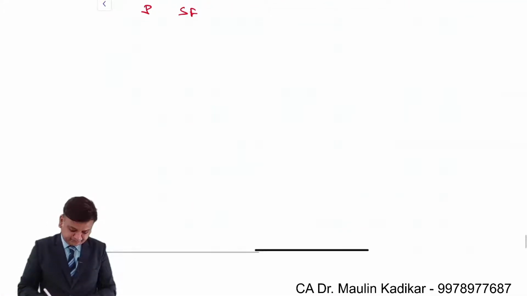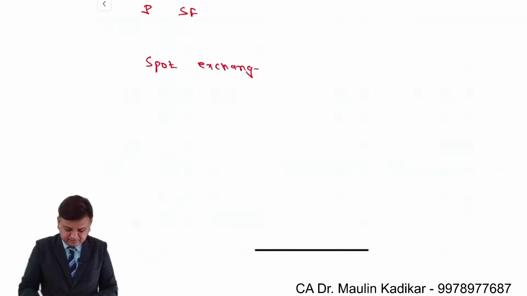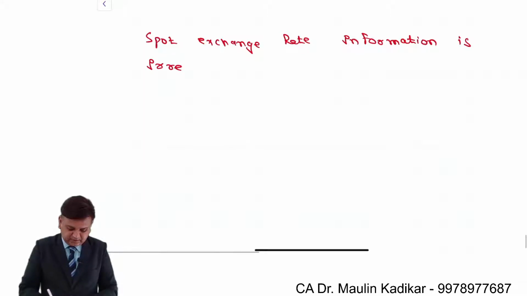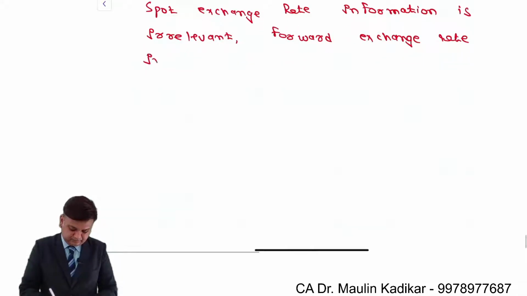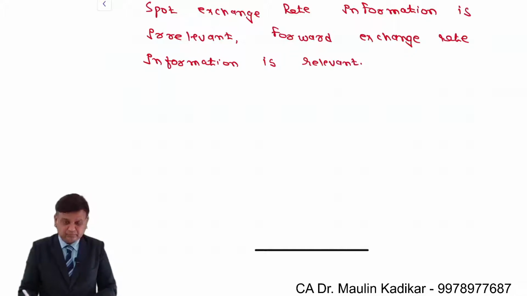With a paragraph, write down: spot exchange rate information is irrelevant, forward exchange rate information is relevant.